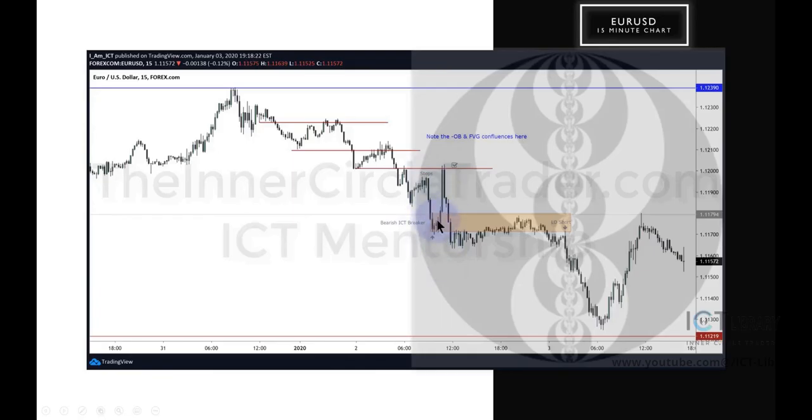I got a question over the holidays, and I have a note in front of me. Could I please make again a distinction between what is a mitigation block and what is a breaker? A breaker is a run on the stops in line with order flow. A mitigation block is a high with a low between it and a lower high than the previous high.